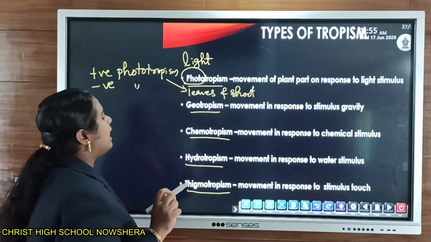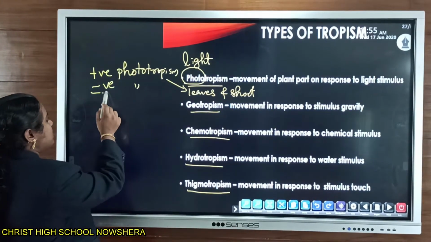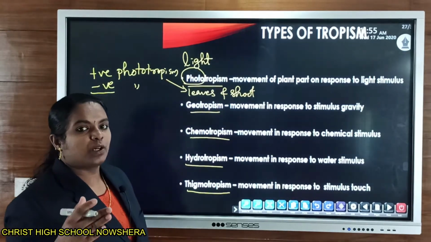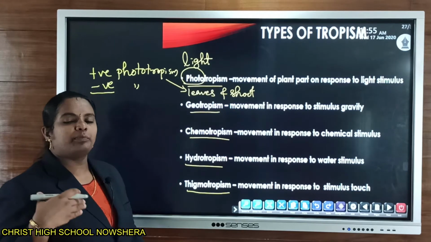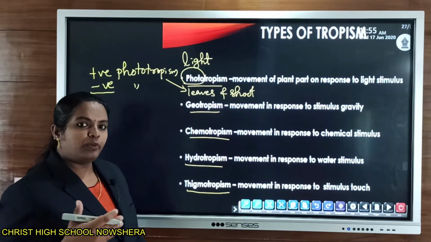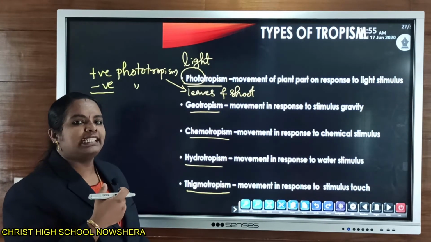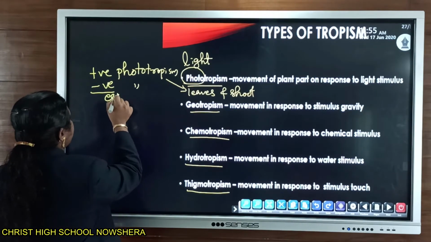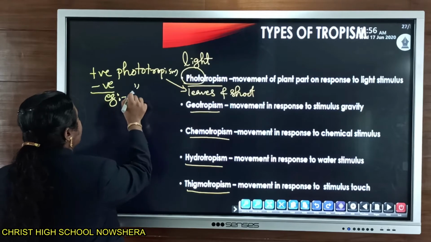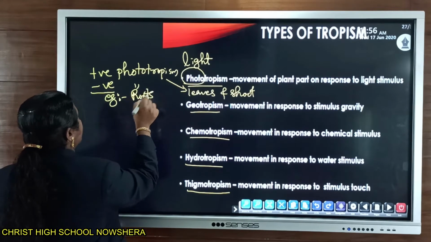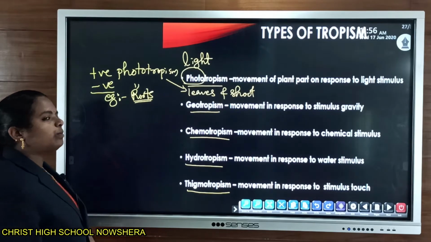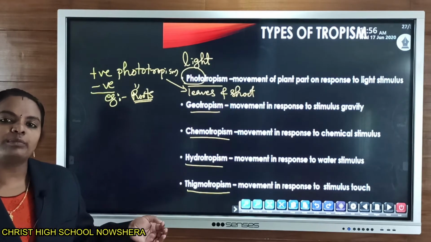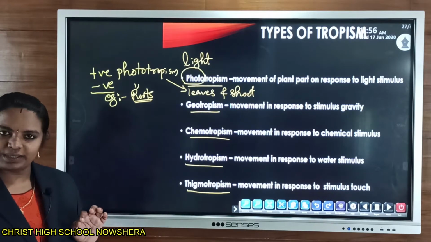On the other hand, negative phototropism means the plant part moves away from the source of light energy. An example is the roots of the plant, which normally move away from the source of light.